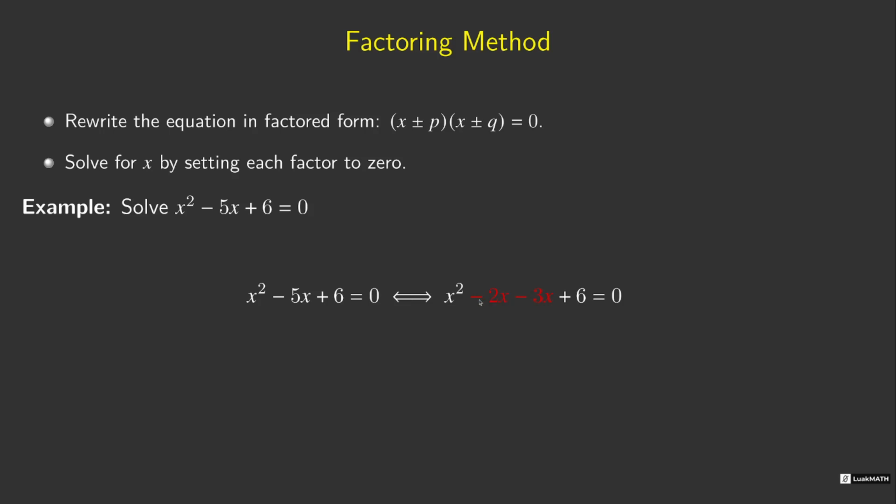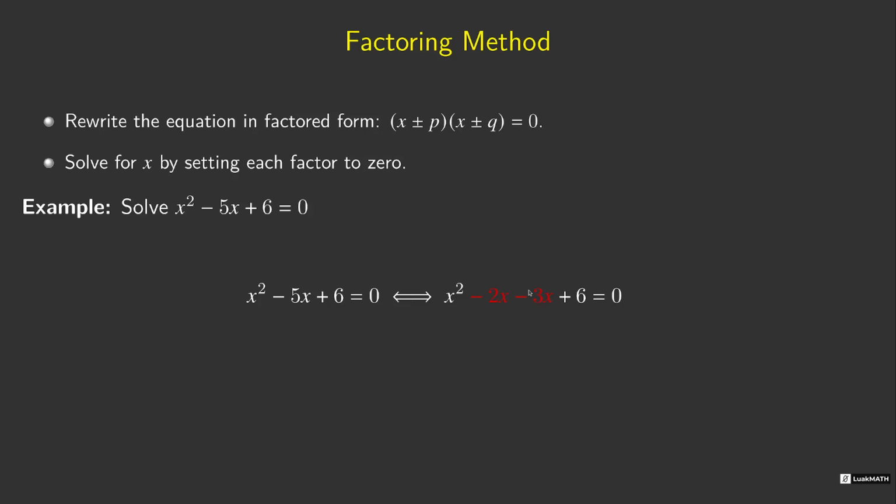Now look at the terms in red. Minus 2x minus 3x. This is just the expanded form of minus 5x. Notice how if I add minus 2x and minus 3x, I get minus 5x. So I'm basically just rewriting my minus 5x as minus 2x and minus 3x. I did not do anything else.